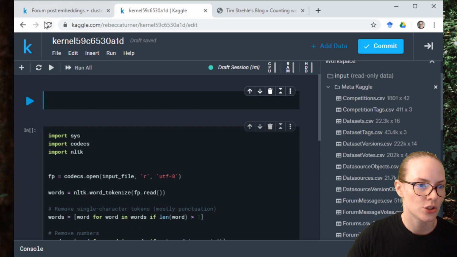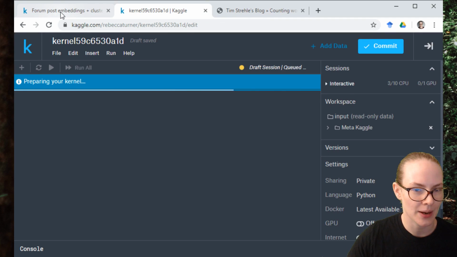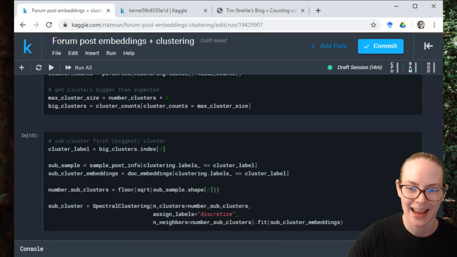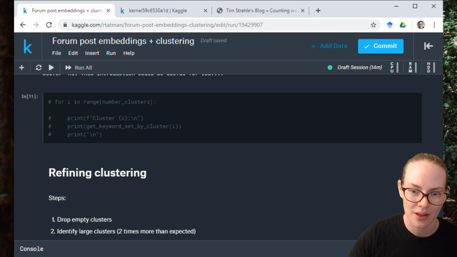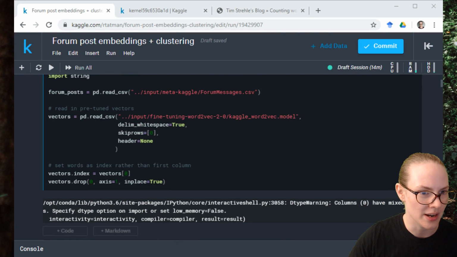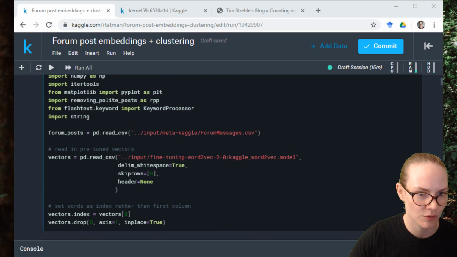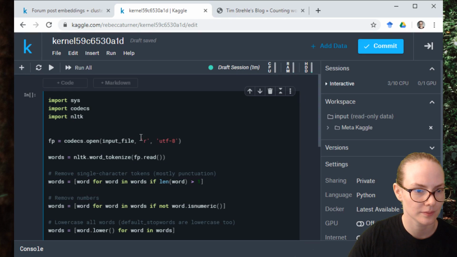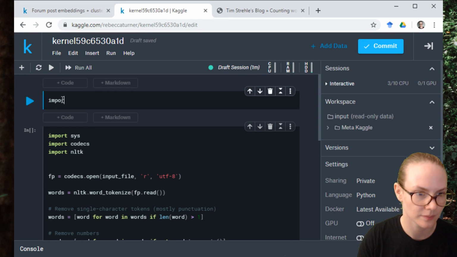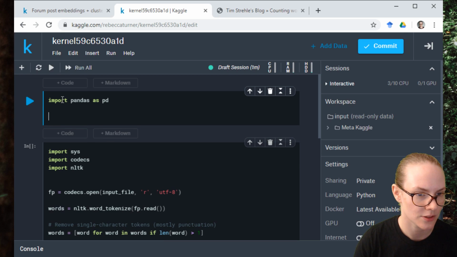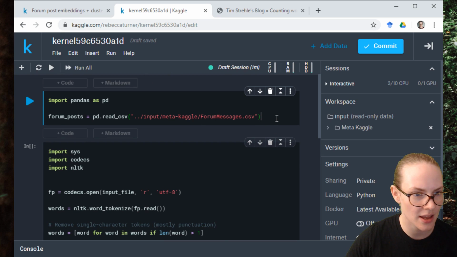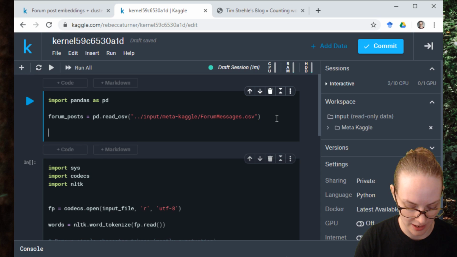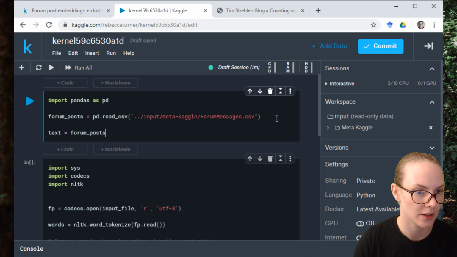Okay, I've restarted it. First, we're going to need to read in the forum posts. So import pandas as pd, that should be the thing. And then text is going to be forum posts.message, I believe.